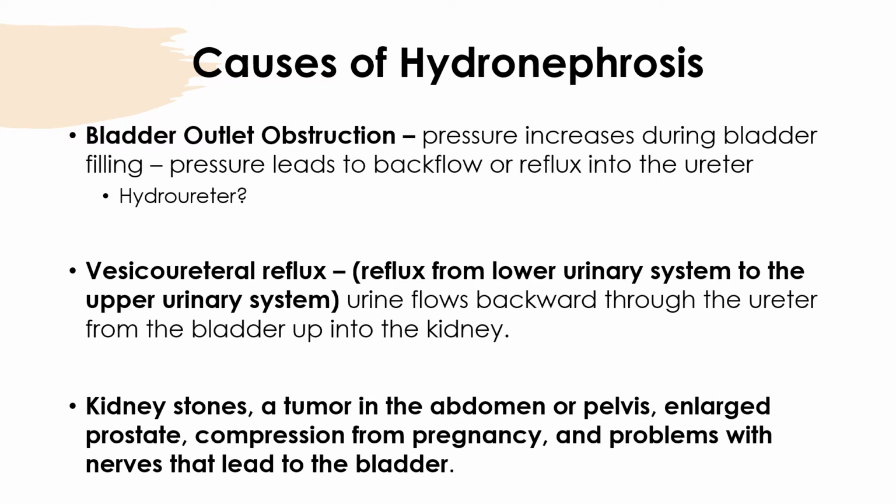So again, just as some examples of what can cause backflow or an obstruction would be kidney stones. It could be a tumor located in the abdomen or in the pelvis, an enlarged prostate, known as BPH, even compression from pregnancy from the fetus, and problems with nerves that lead to the bladder.